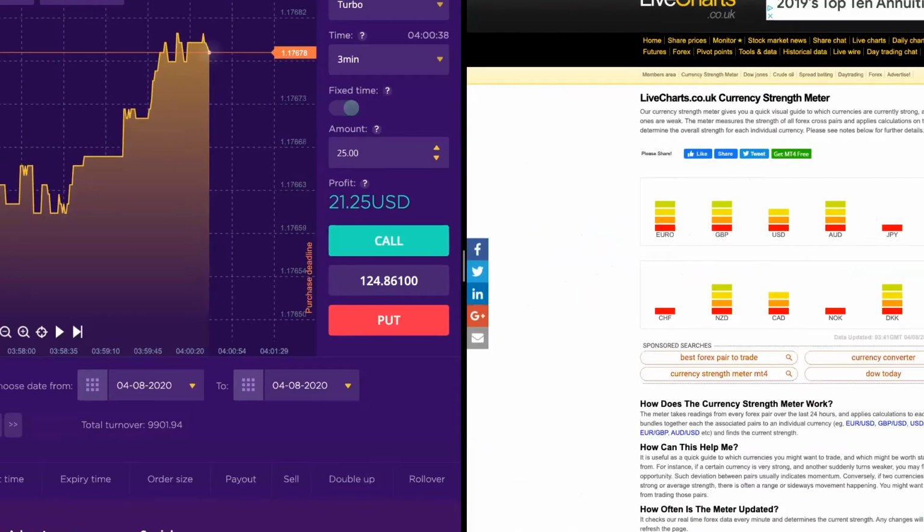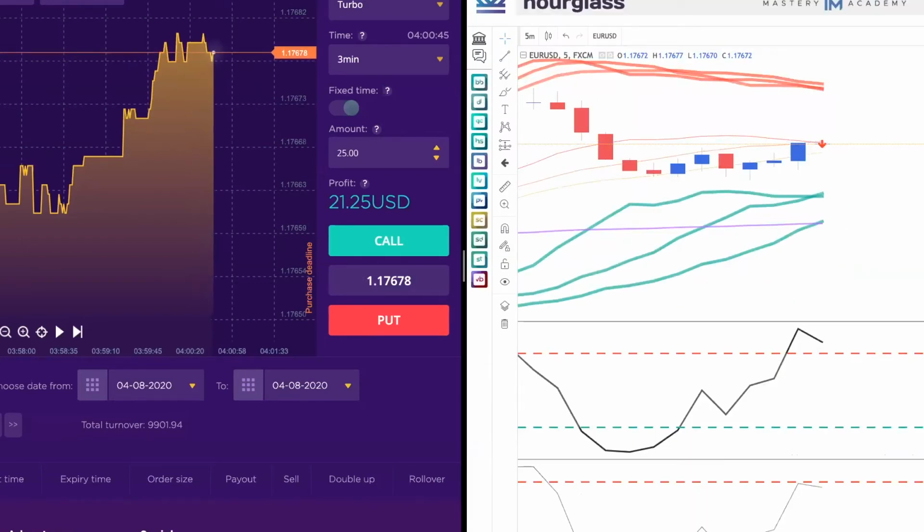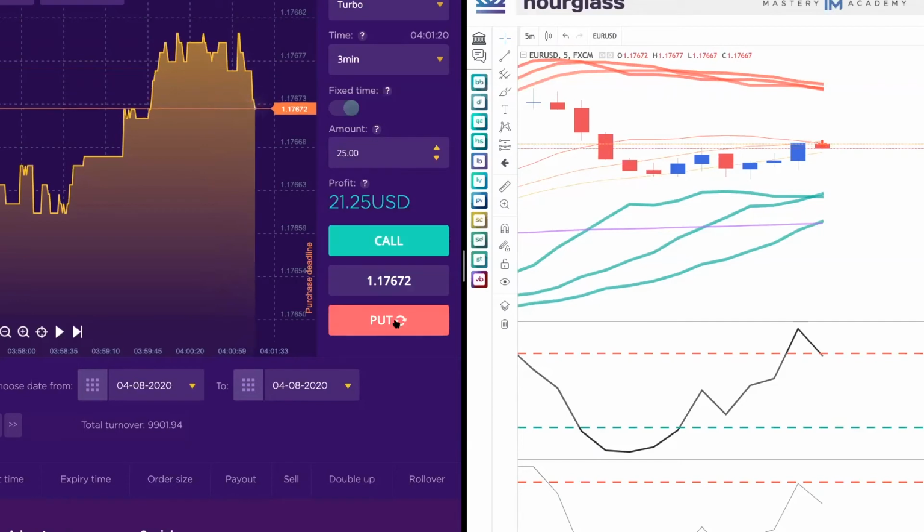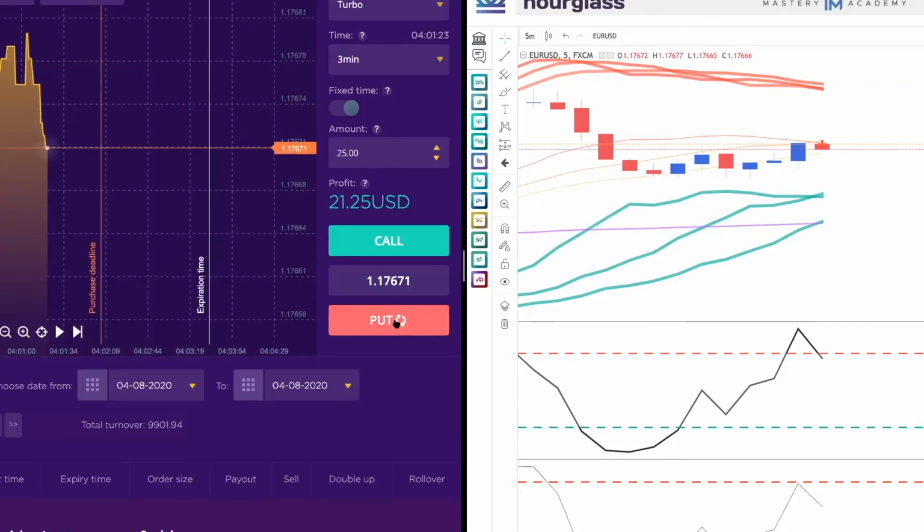Currency meter: is the dollar stronger? No, the euro is stronger. Oh, come on, don't get stuck on me. Oh, look at that. The markets are hating on me.